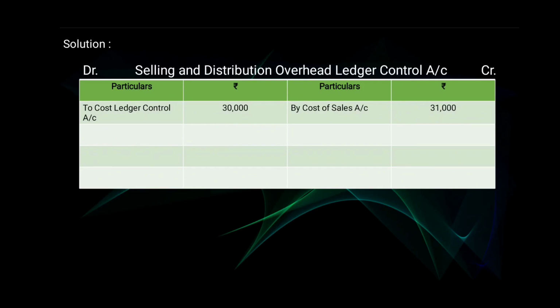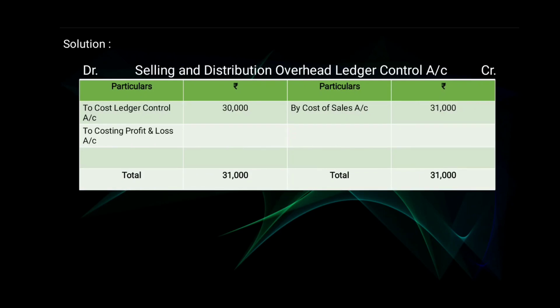Now in selling and distribution overhead ledger control account, let us take the total. So the total amount is 31,000 on the debit and on the credit side, and the balancing amount which is on the debit side will be transferred to costing profit and loss account, which is coming as 1,000.